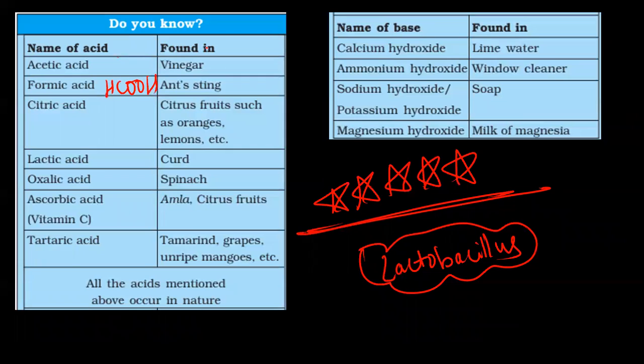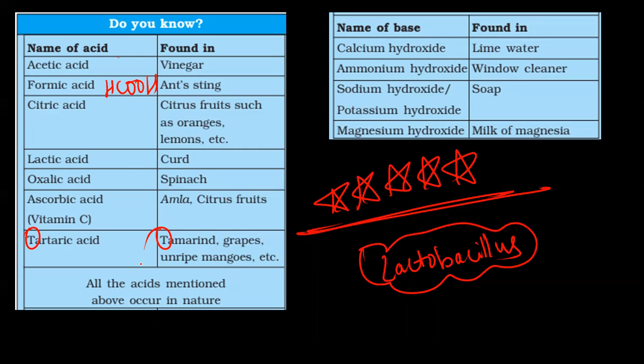Now, spinach contains oxalic acid. Even tomatoes contain oxalic acid. Then you have amla and some other citrus fruits, vitamin C containing. They are ascorbic acid. Then tamarind, grapes, unripe mangoes, they contain tartaric acid. T for tartaric, T for tamarind.